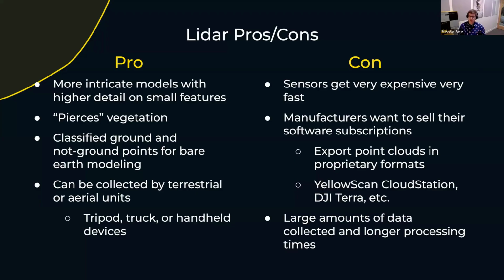So what they do is they export the point clouds in proprietary formats that can only be read by their software. They all do this, but a couple examples are YellowScan, CloudStation, DJI Terra, and so on and so forth. The other problem is that depending on how big your data set is and how dense you have your data collection set, the amount of data that you capture can actually be overwhelming, which means that your processing times can be really long.